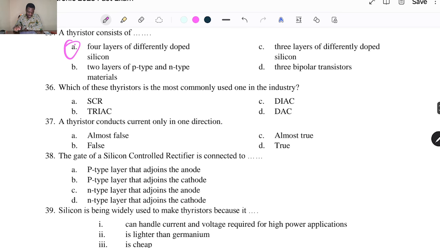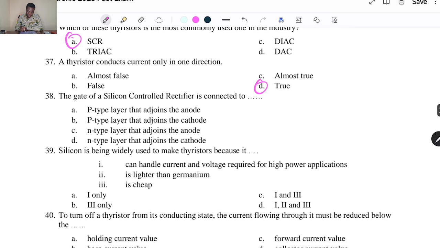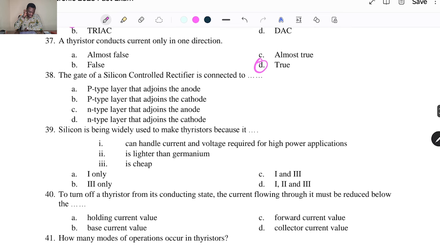Which of the following thyristors is the most commonly used one in the industry? It's going to be the silicon controlled rectifier. So the answer is A. A thyristor conducts current only in one direction. So here we can say true.